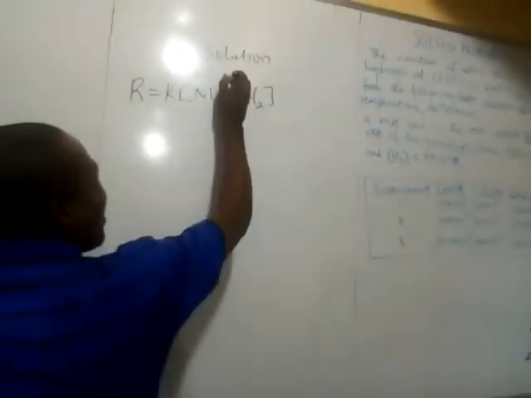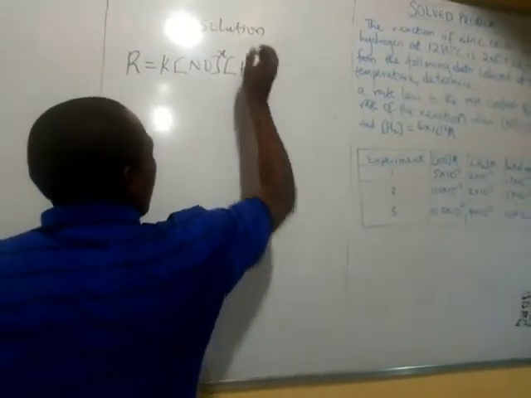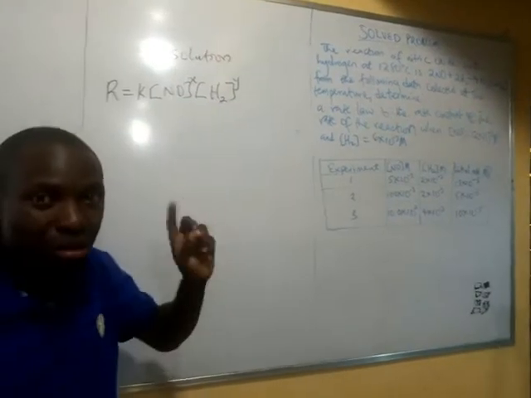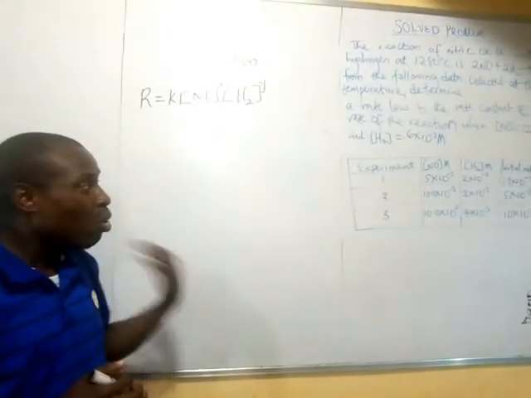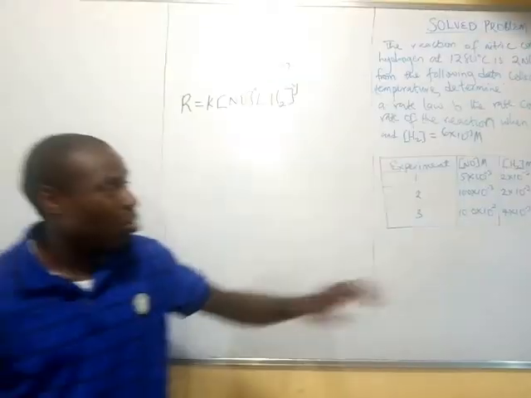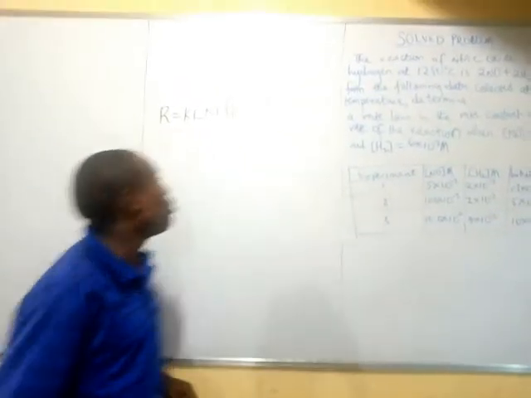I will label the power here X and here Y, because the order of a reaction is determined by experiment, and the experimental data was given to us right here on the board.